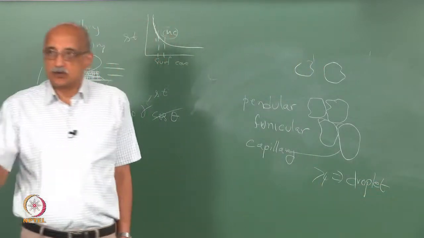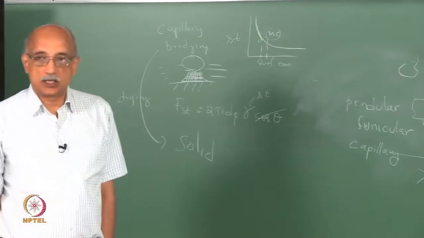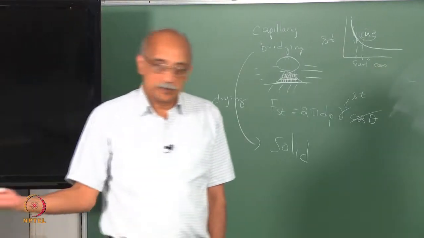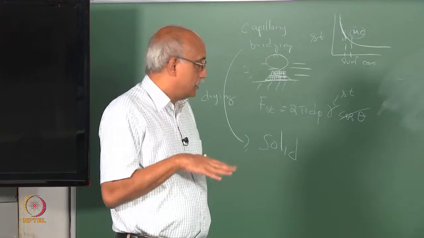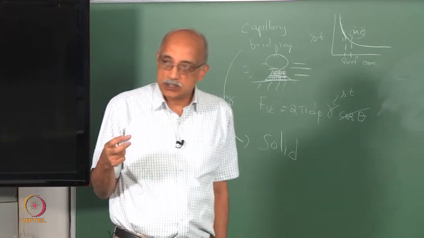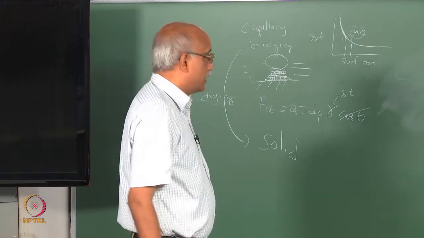So, these are the different degrees of cohesion. You start with no cohesion, go to the pendular state, then the funicular state, then the capillary state, and finally the droplet stage. And the cohesive force obviously increases as you go through these stages.